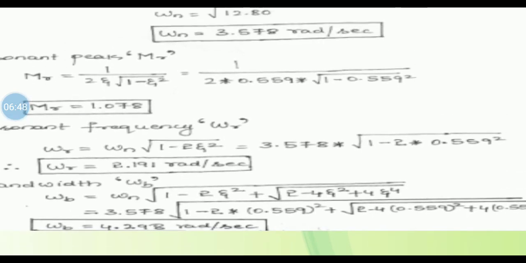So bandwidth omega B is equal to omega n into root of 1 minus 2 damping square plus root of 2 minus 4 damping square plus 4 damping raised to 4. So substituting the values, you'll get omega B is equal to 4.298 radians per second.